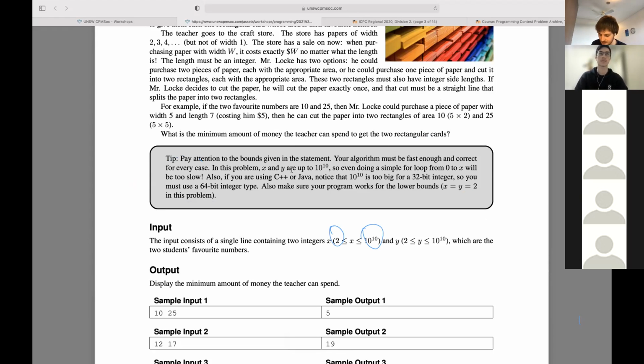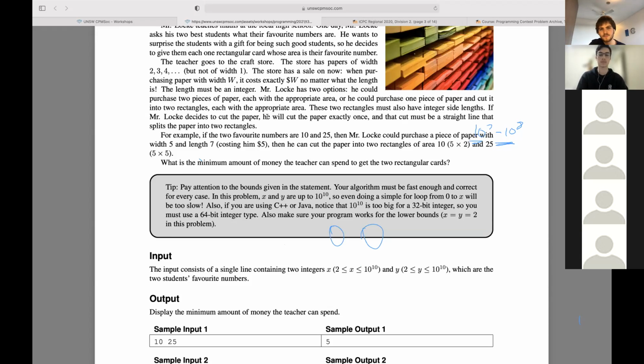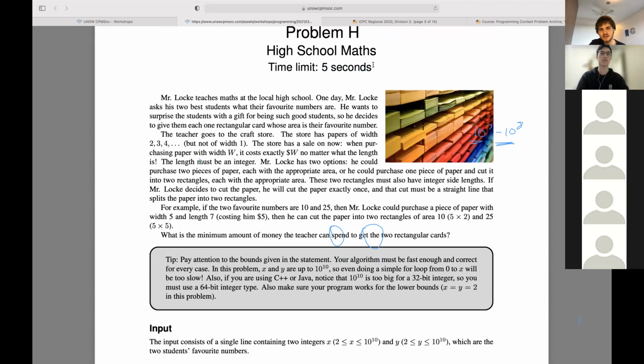And so doing even a simple loop from 0 to X will be too slow, because in general, somewhere between 10 to the 7 and 10 to the 8, which is 10 million to 100 million, is how many operations you can expect a computer to do in a second. A reasonable speed computer, like the judging machines that we use for these contests. The time limit is 5 seconds.